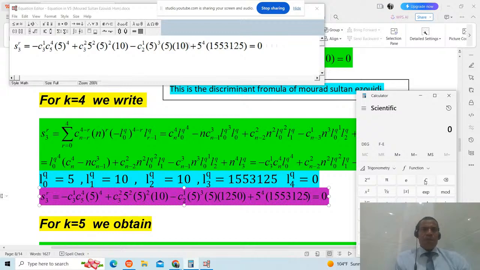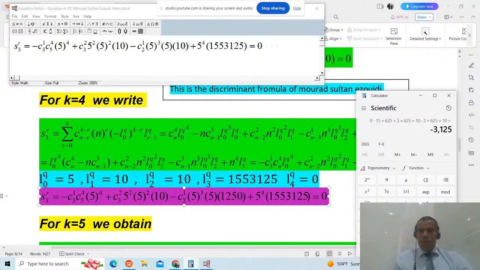It will be negative 3 times 5, negative 15, times 625, plus 3 times 625 times 625, then times 10, minus 2 times 10 times 625, 625 times 10 equal.